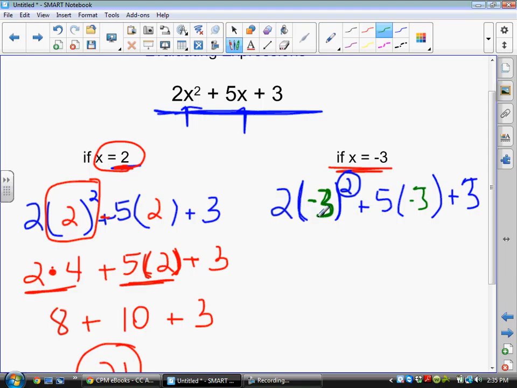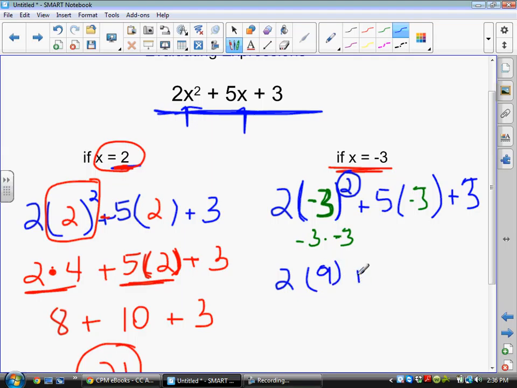Well, negative 3 squared is really negative 3 times negative 3, and so you know that's supposed to be positive 9. But if you don't put that in parentheses correctly, your calculator is going to say it's negative 9, which is not true. So I have 2 times negative 3 squared, which is worth positive 9.